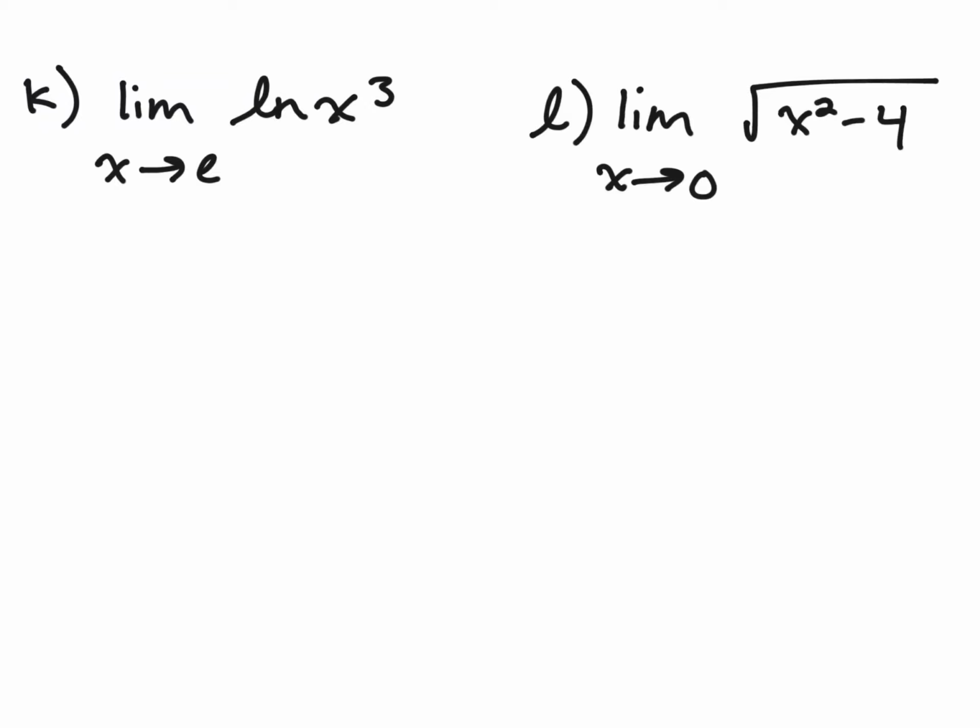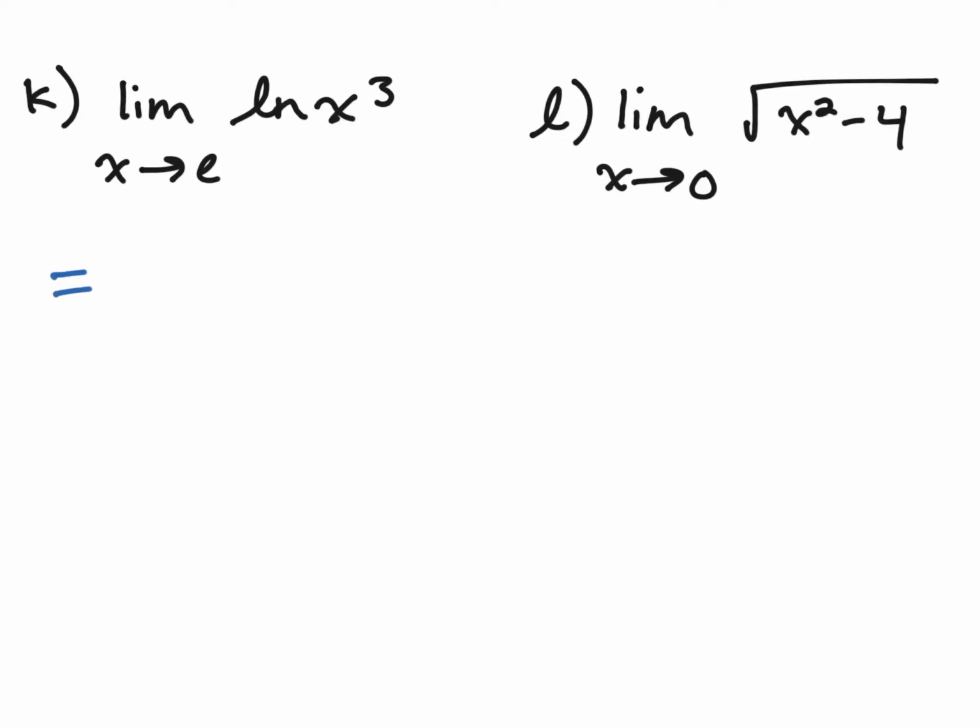Okay, limit as x approaches e of natural log of x cubed. Well, that's a little bit complicated. I'm going to use the properties of logs to make this easier on myself. If I didn't, I still eventually would come to the same answer. At least I hope you would figure out how to simplify it.